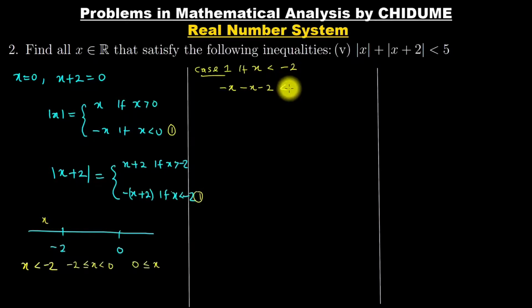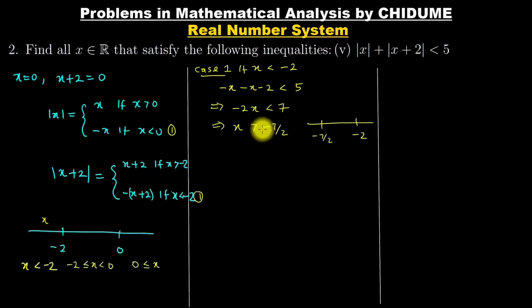Which is less than 5. So that means I'm going to have negative 2x strictly less than 7, which implies that x is greater than negative 7 over 2. If I plot this on the number line, here I have negative 7 over 2 and here negative 2. So what do we notice?